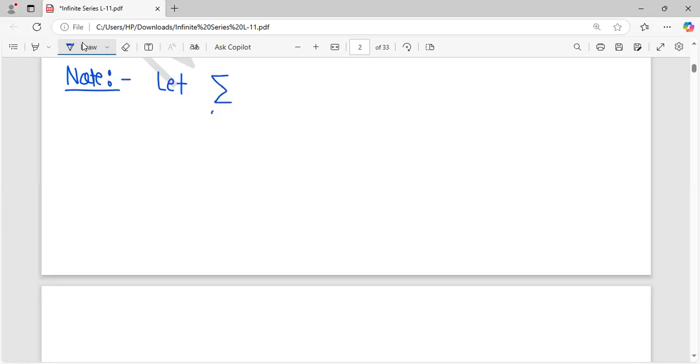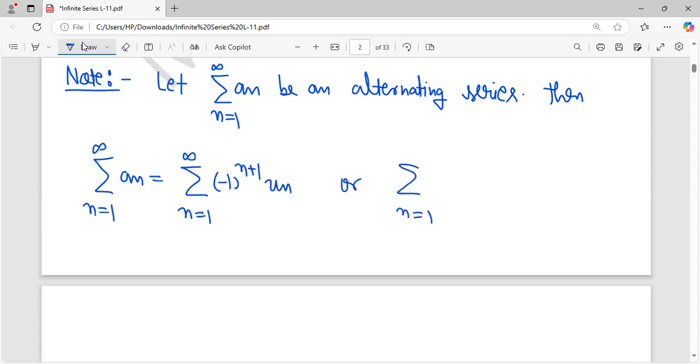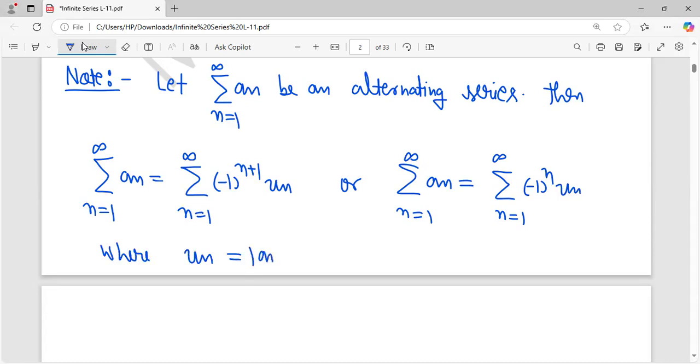Let summation n goes from 1 to infinity an be an alternating series, then summation an is equal to, either this can be written in this form or this, where un is equal to... So we have taken two examples and we found that un is positive.